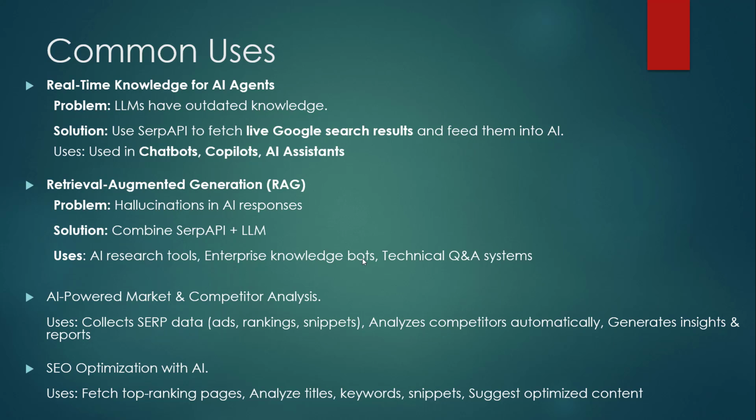So the solution would be to use the SERP API to fetch live Google results, whatever the results would be, according to our domain and our project. We can get them using the SERP API, so it will give us real-time data.